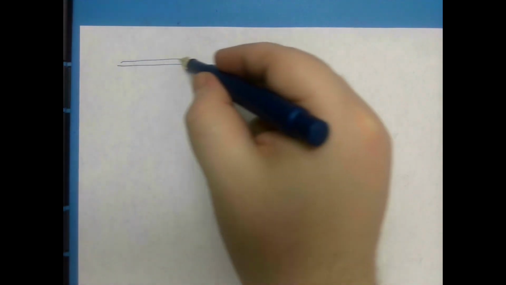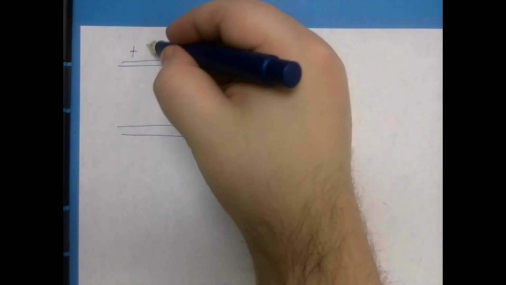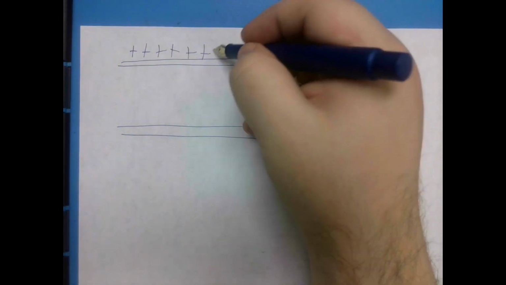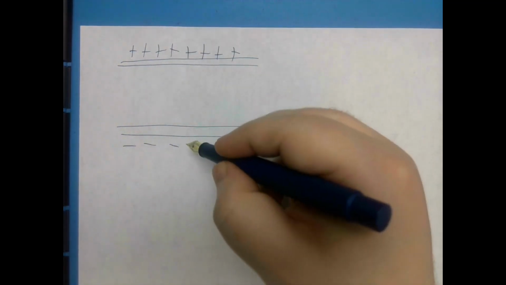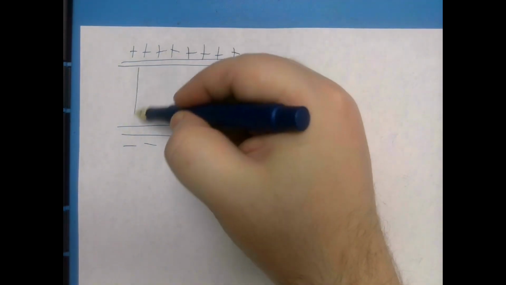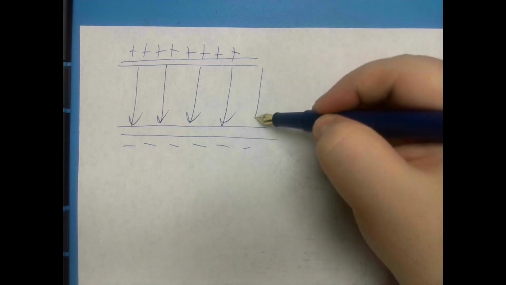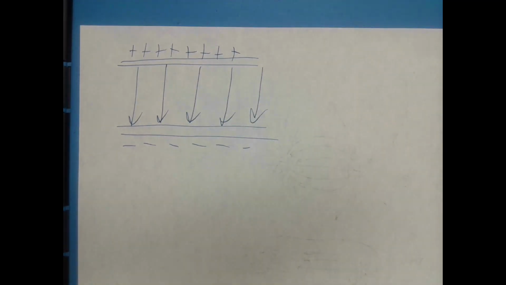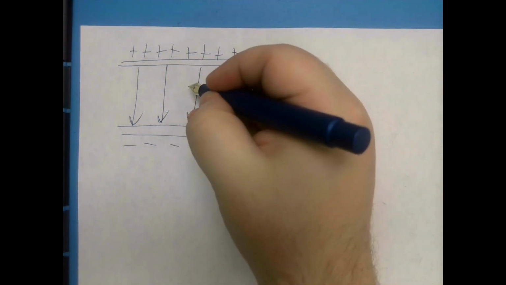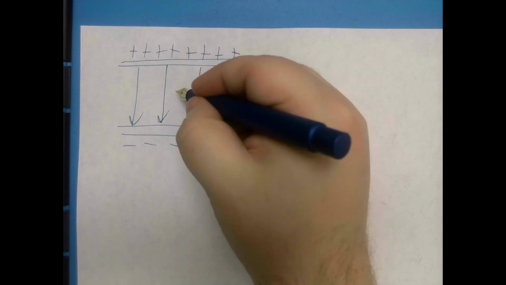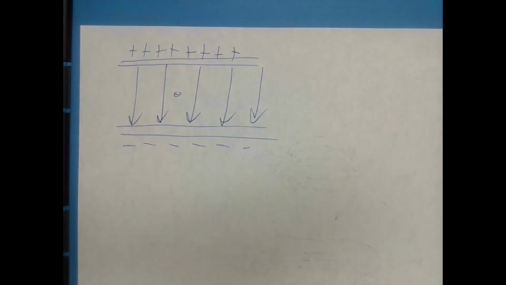If I have a uniform field, make these all positive, make these all negative, then I will create a uniform field. And if I put a small negative charge here, which way would it go?